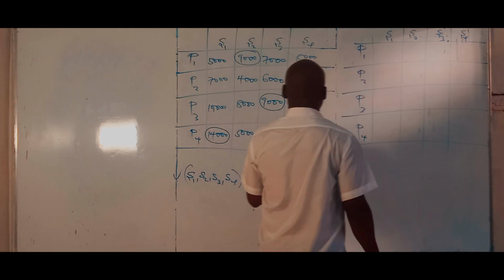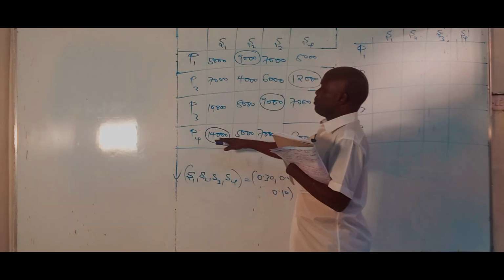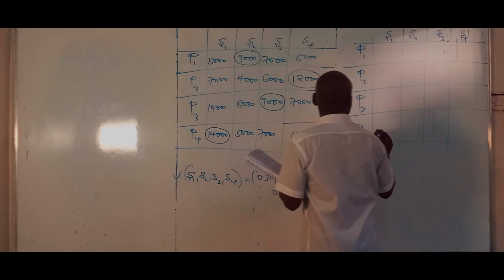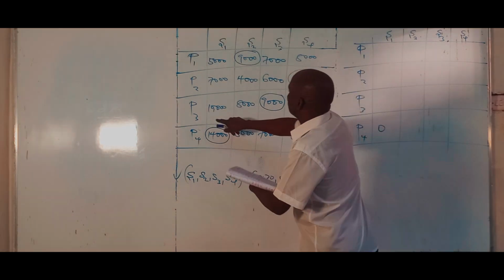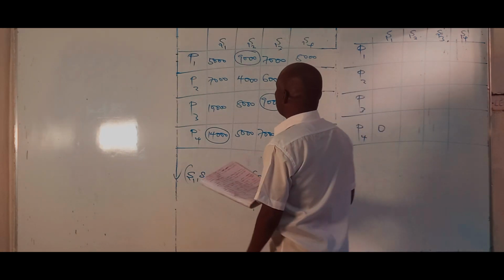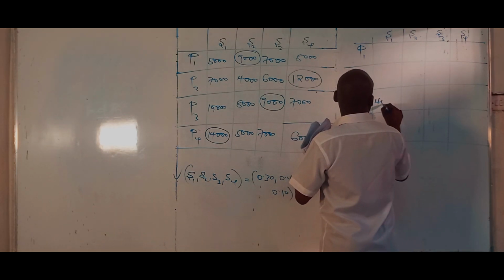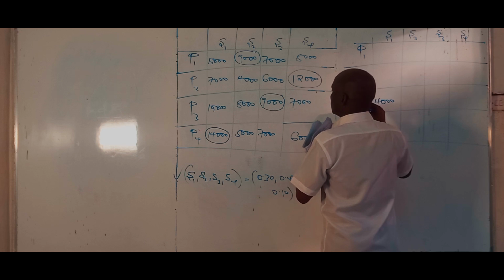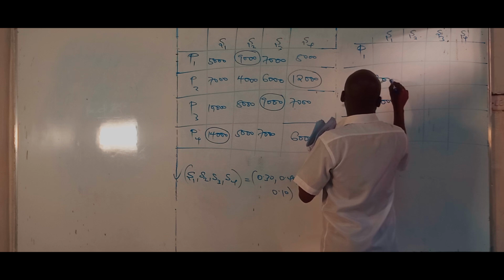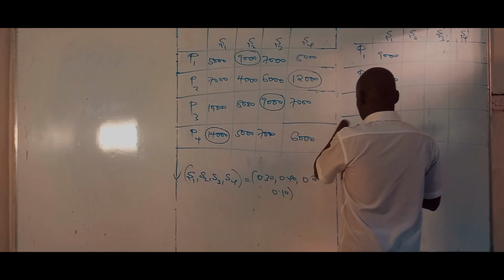Each time I subtract each entry in that particular state from the maximum. So here, 14,000 minus 14,000 is 0. Then 14,000 minus 10,000 is 4,000. Then 14 minus 7 is 7,000. And then 14 minus 5 will be 9,000.